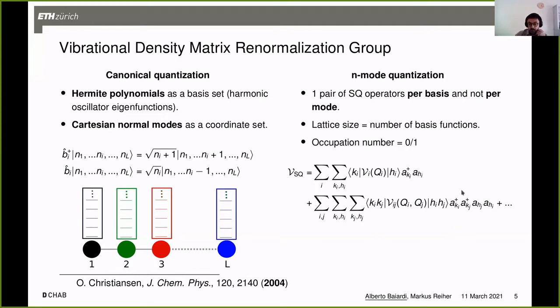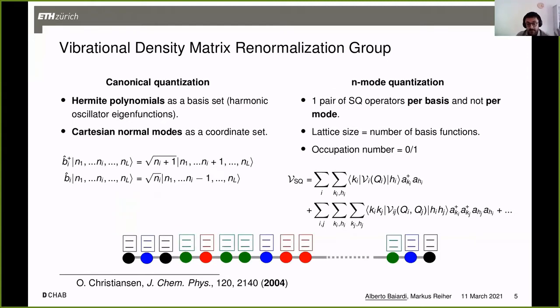For this reason, we extended it to a more general second quantization form, which was originally introduced for vibrational coupled cluster, which relies on a completely general potential energy operator and basis function. So in this way, we could also rely on basis functions which are not necessarily the harmonic oscillator eigenfunctions, but can also be more refined.